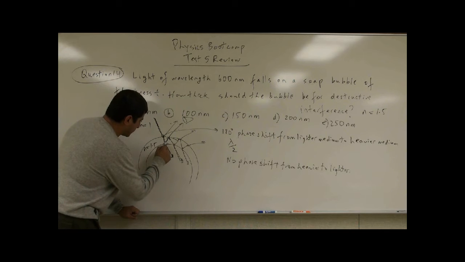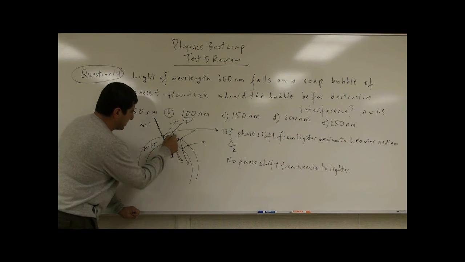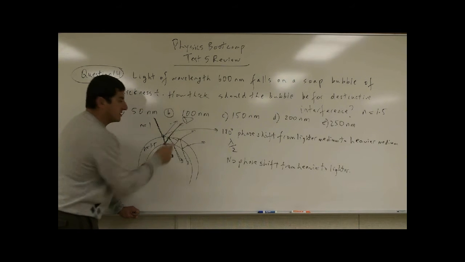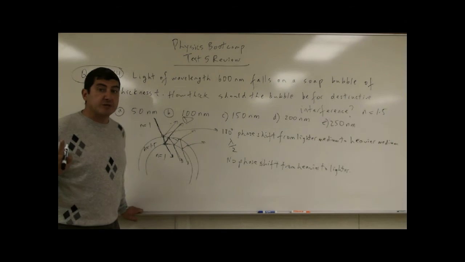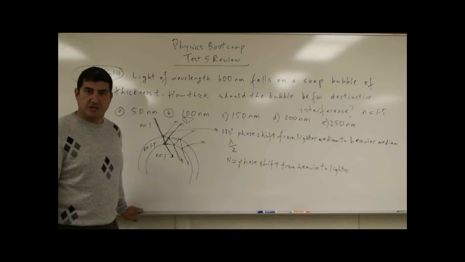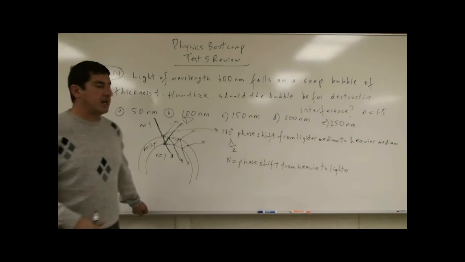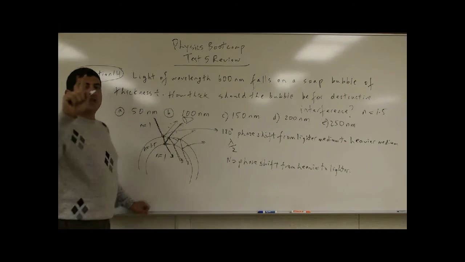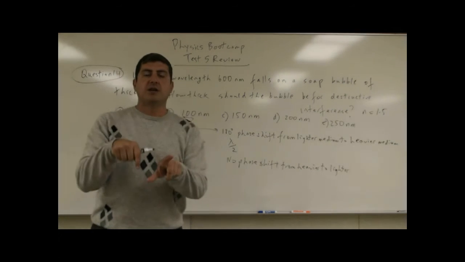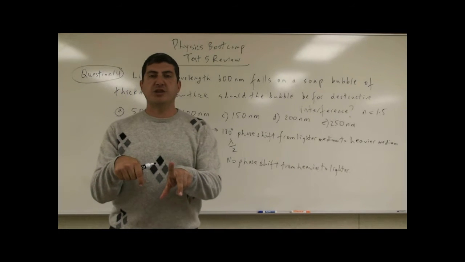And then this one goes from a heavier to a lighter, and then it transmits. There's no phase shift upon transmission. Upon transmissions, there are no phase shifts at all. They just transmit as they came in. So out of these two waves, one of them has already experienced a 180-degree phase shift.